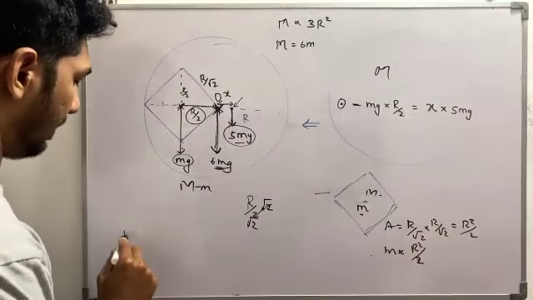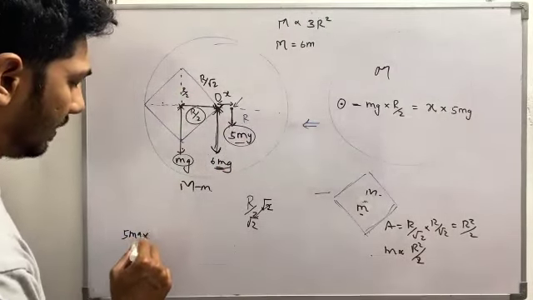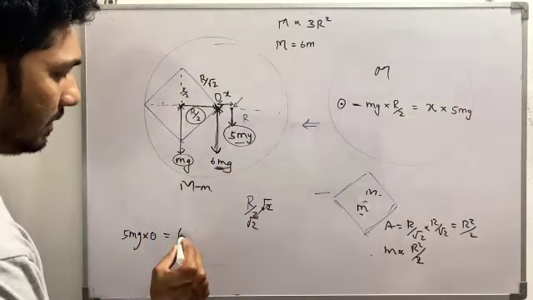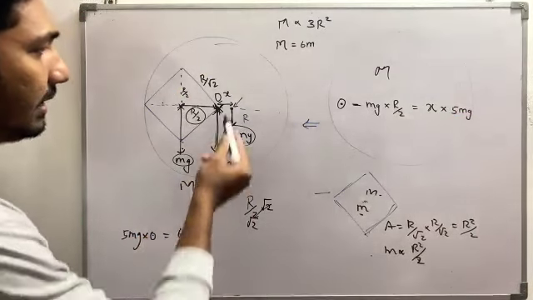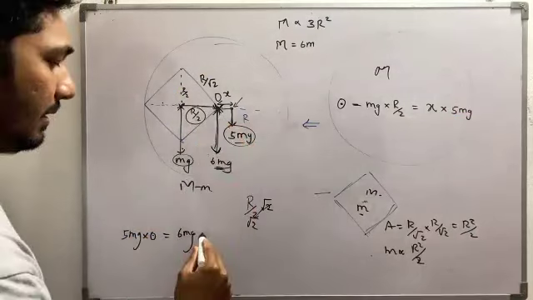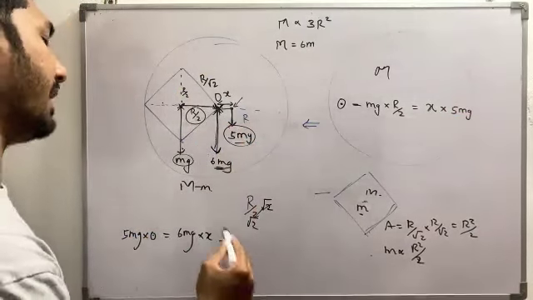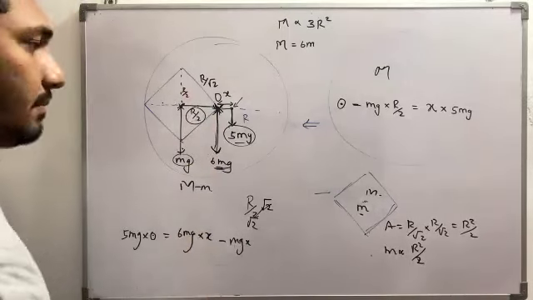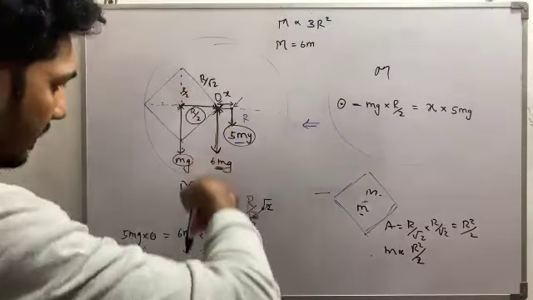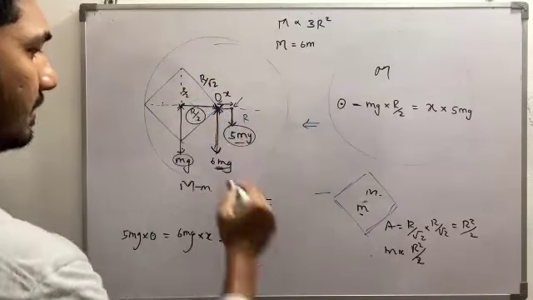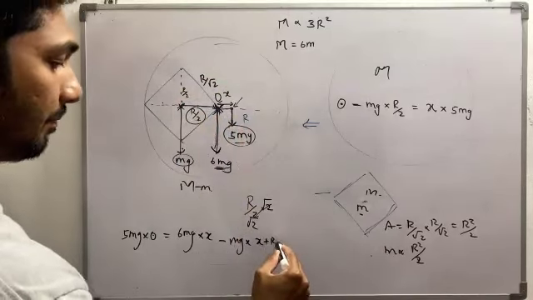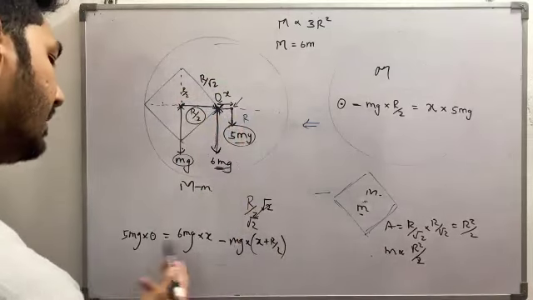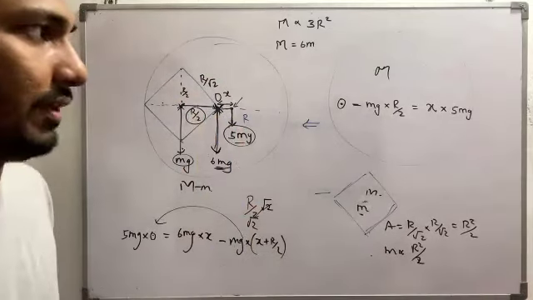So it will be 5 mg multiplied by 0 equal to 6 mg, and they will find the distance from here, which is x, minus mg into what? What is this distance? x plus r by 2. Both are correct. Okay, and this will come to this side and you will solve it.